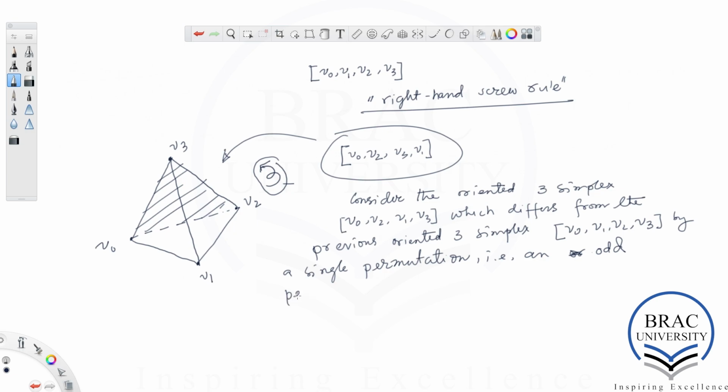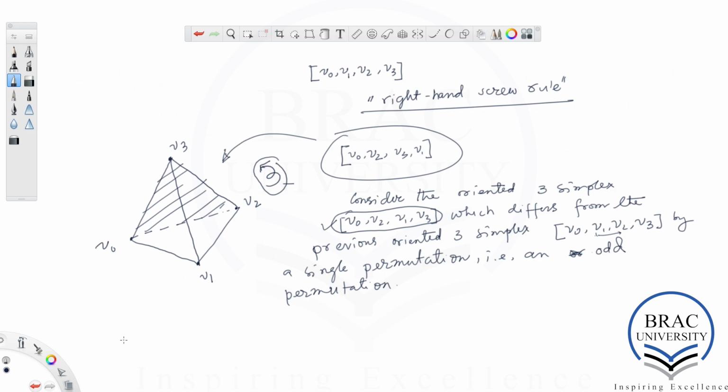So you exchange V1 and V2 here to obtain this oriented 3 simplex. So it means that this oriented 3 simplex is oppositely oriented.